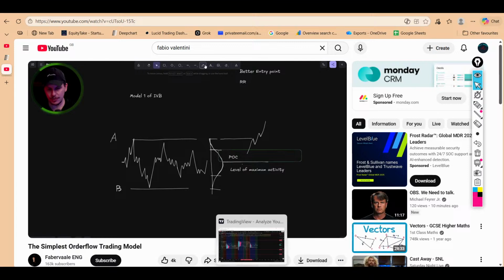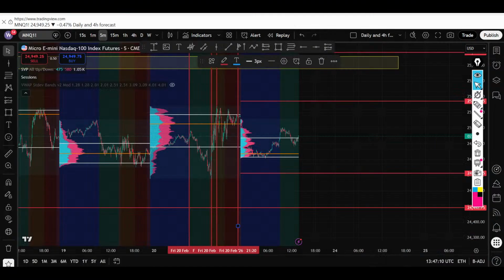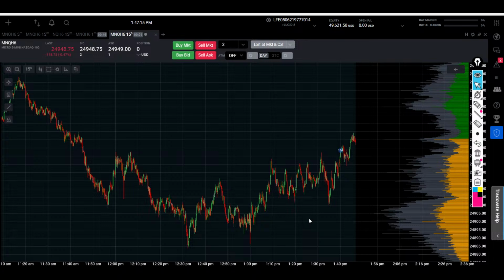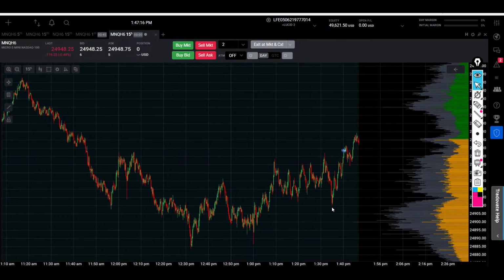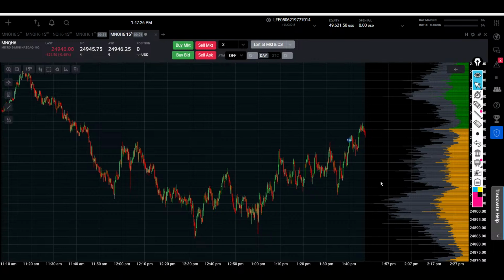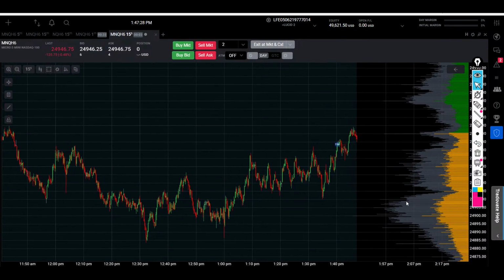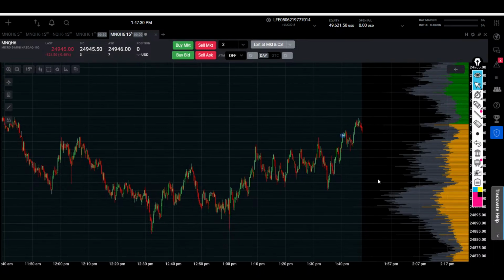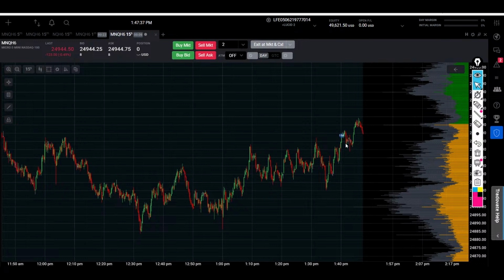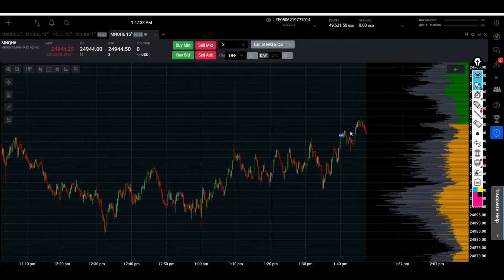But on TradingView you can get bubbles as well. It will be slightly different because the TradingView feed and the Rithmic feed are a little bit different. Nitty gritty, I'm not going to go that deep, it doesn't need to be. But here you see the absorption, massive absorption.